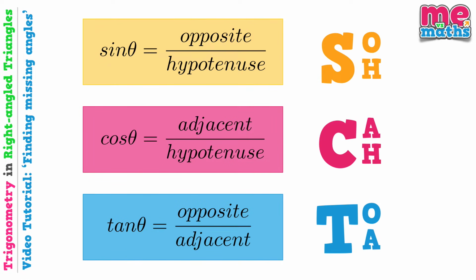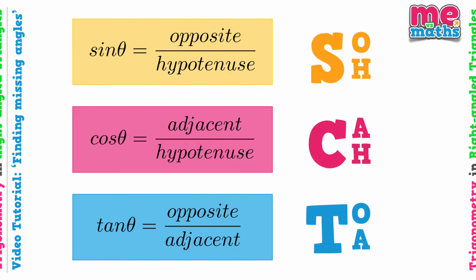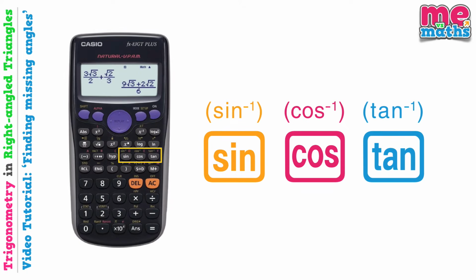Hopefully the trig formulas are starting to look really familiar to you by now. In fact, you're probably getting a bit sick of them, but hey, you've probably started to memorize them, so it's all good. Just before we get going properly, for this tutorial we're going to be using what are known as the inverse trig functions. These look like sin minus 1, cos minus 1, tan minus 1, and so on.